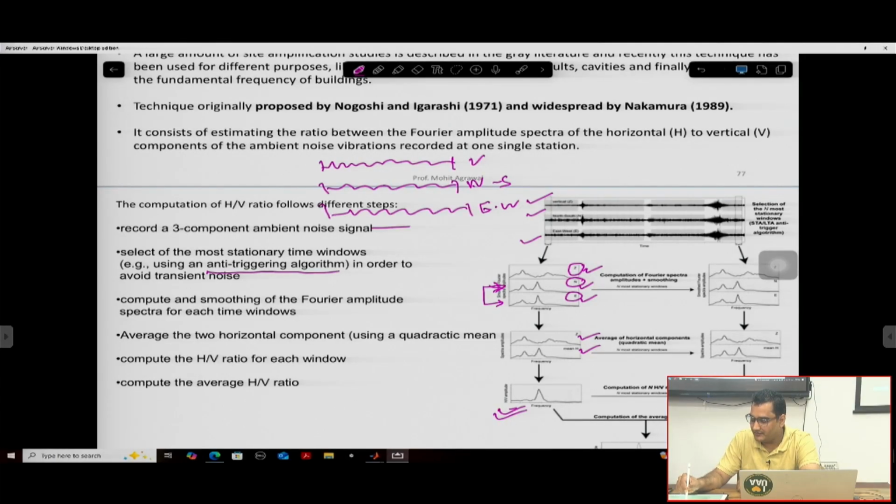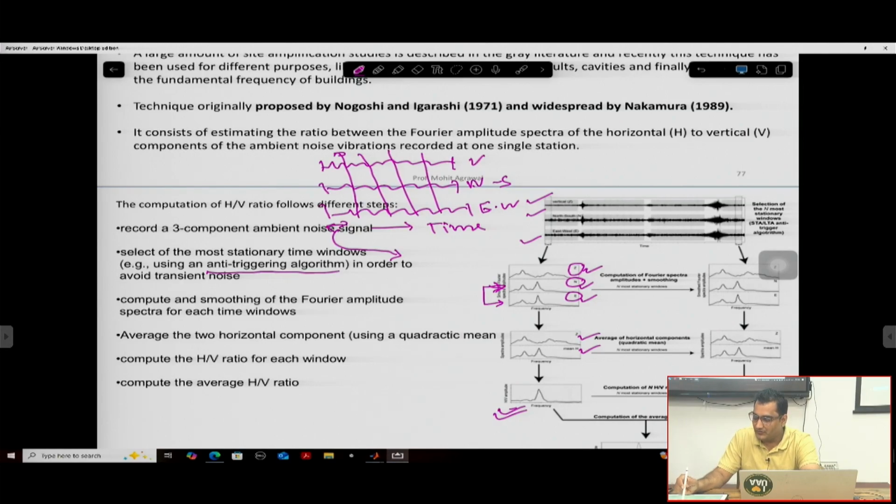This is your time series, and you are dividing it into a number of windows. You have divided the data, and for each window such as this one, you are going to do the fast Fourier transform for the east-west component, the north-south component, as well as the vertical component.